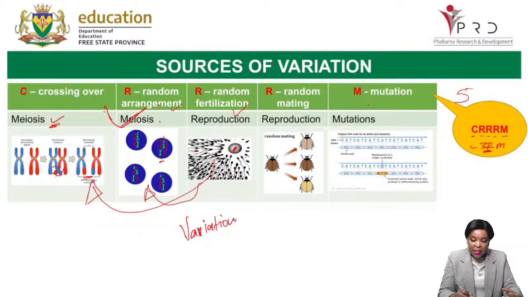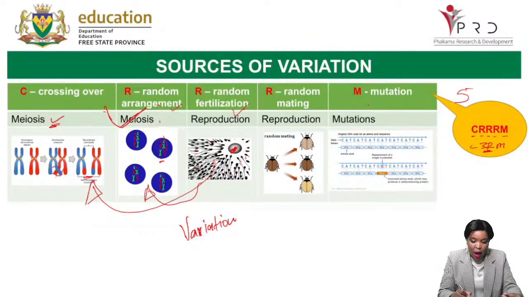So all of these sperm cells are genetically different. Now, which one is going to fertilize this ovum? There is no order. The fertilization that takes place here is random. Hence, we say random fertilization also brings about variation.